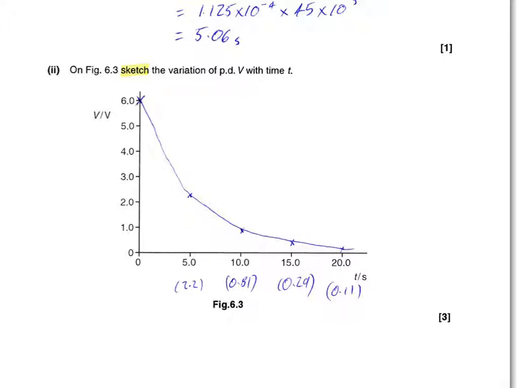So I quickly in my calculator did 6 times e to the minus 1, I got 2.2, and the mark there is for having it at 5 seconds somewhere between 2 and 2.5 volts, and the other mark is for having the shape, which I have to say I've drawn pretty awfully on there. That should be smoother. Since I had these values here, it seemed to make sense just to quickly work out the other values and get some sort of sketch plot to help me get that shape as well.